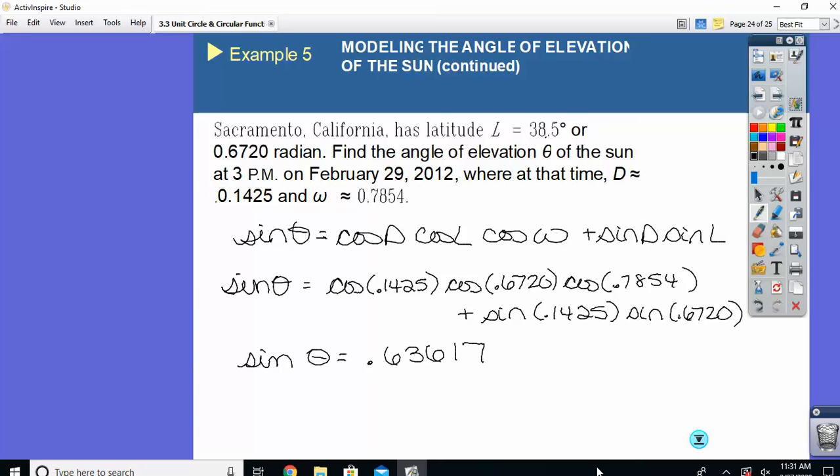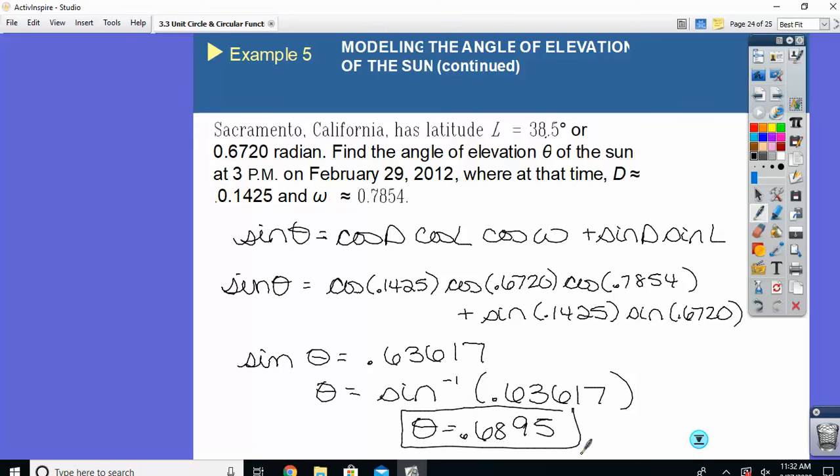How do we find theta? Sine inverse. We are in radian mode, so the answer we get out is a radian measure, not a degree. And I get my theta to be 0.6895. Any questions there?